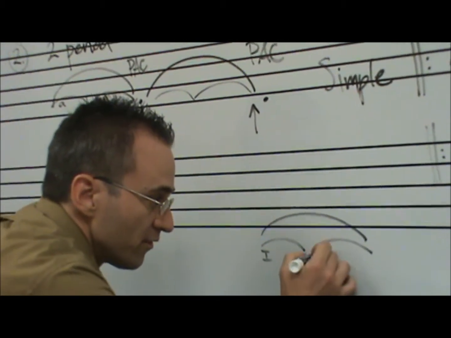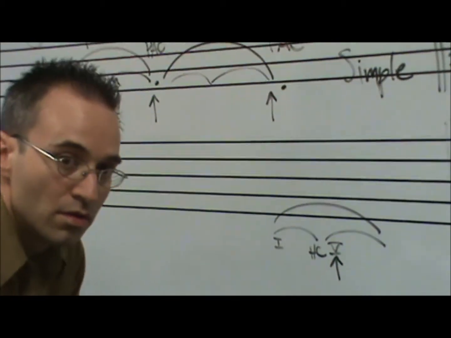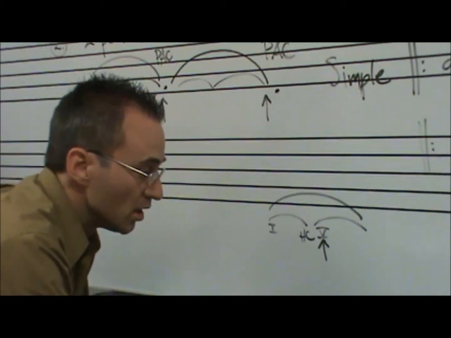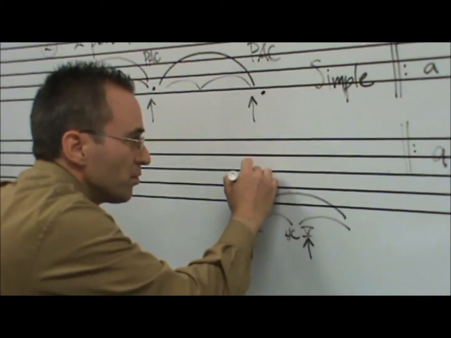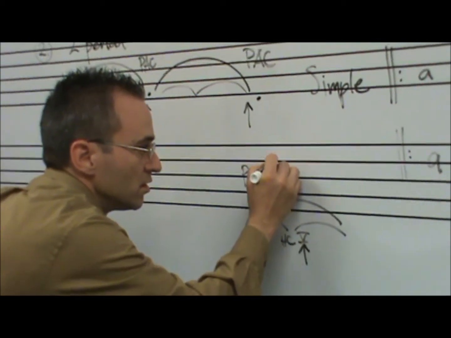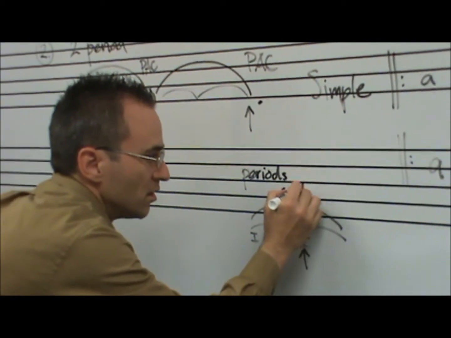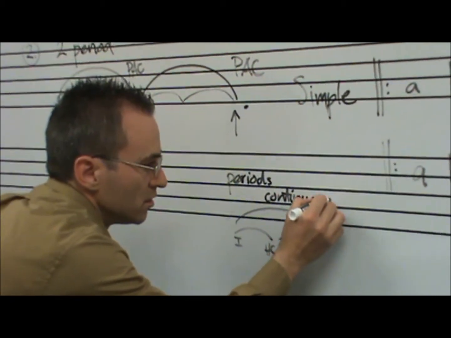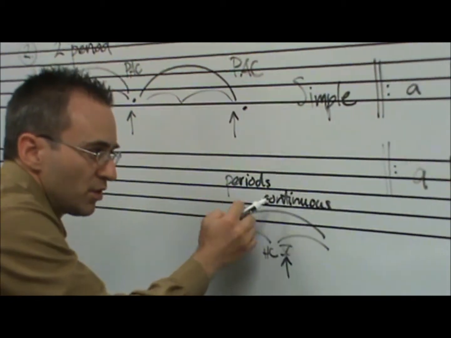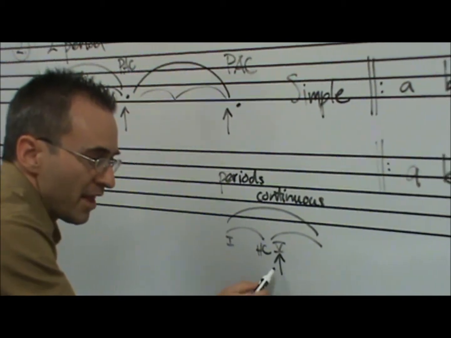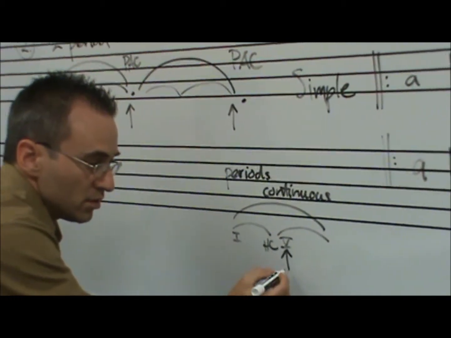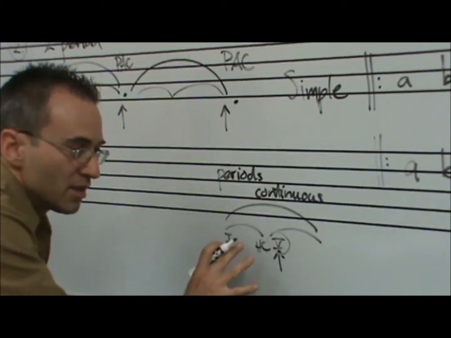If it's 5 though, then it's continuous. So in the context of periods, that continuous label requires you to look here at the beginning of the second phrase.